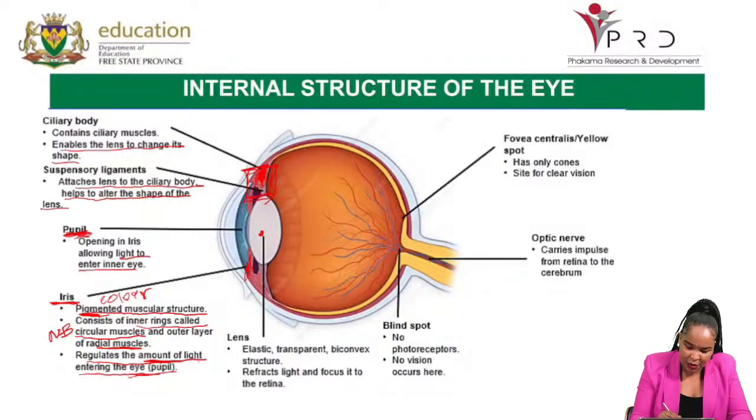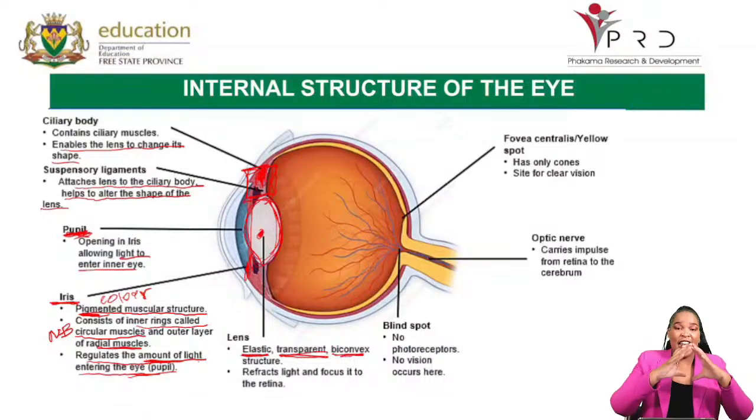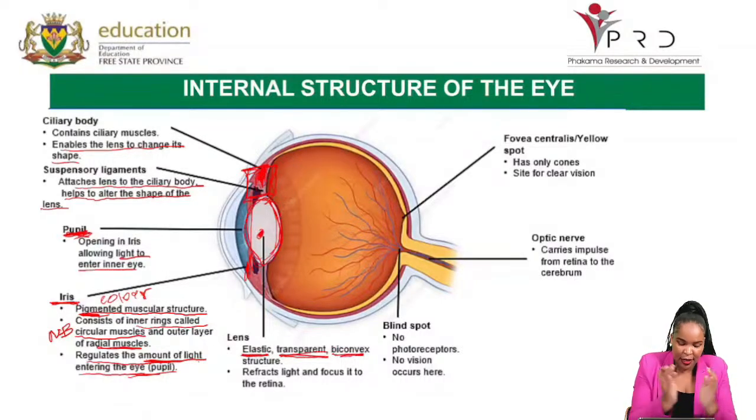Then you have the lens, the most interesting part. You have the lens here, this oval shape. How is the lens structured? It is elastic. It is transparent. It is biconvex. So biconvex is talking about this shape, bulging towards the outside: convex on this side, convex on this side.